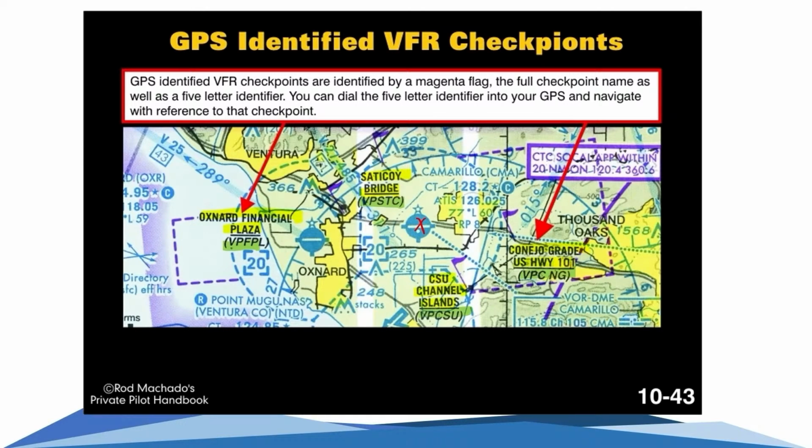It always starts with a VP, which stands for a visual point, and then it's going to be some type of alphanumeric after that. So if I wanted to plot a course in my GPS to Saticoy Bridge, it would be Victor Papa Sierra Tango Charlie, and I could use that as well. That's not something we would tell the controller, but if we were using that as a point of navigation and we had the capability of a GPS, we could plug that point in because it is charted on the map.